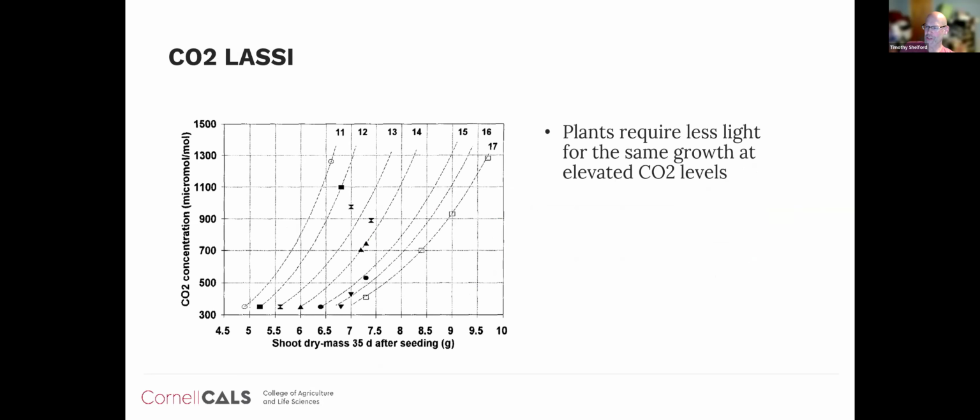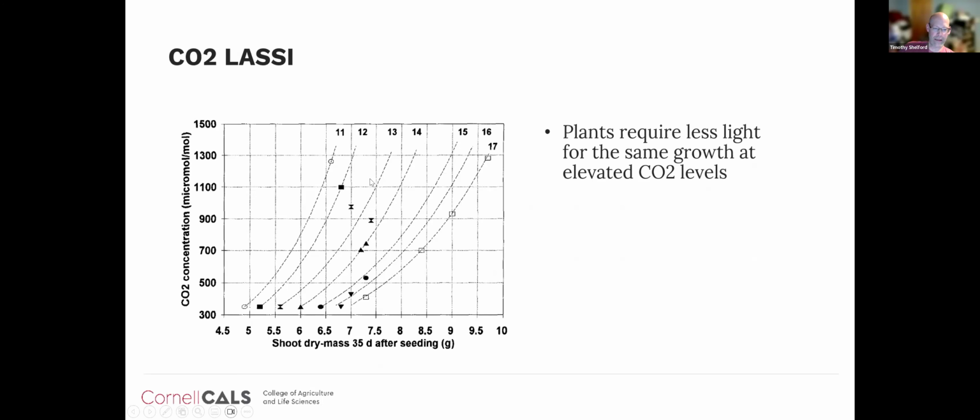So another variation on LASSI is to take advantage of the effect of supplemental CO2 on crops. Basically by elevating the CO2 levels, you can take advantage of the light that you have and get more out of it. So this plot shows the different light levels that we have here and different CO2 concentrations.